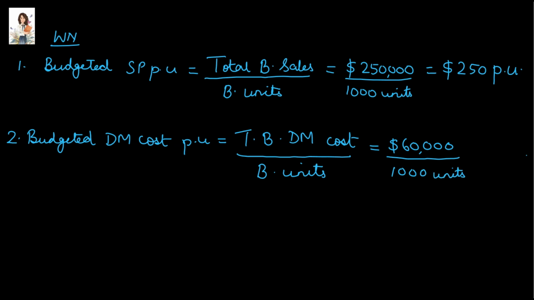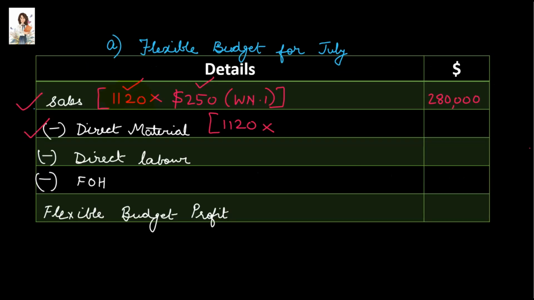Therefore, budgeted direct material cost per unit is $60. So in our main answer, we'll write 60 and give the reference of working note 2. Therefore, in the flexible budget for July, the direct material cost amounts to $67,200.